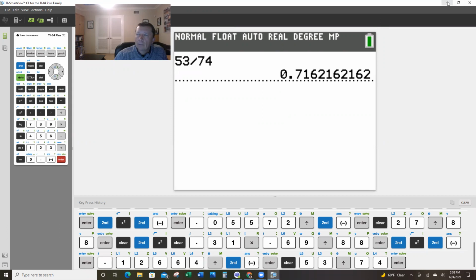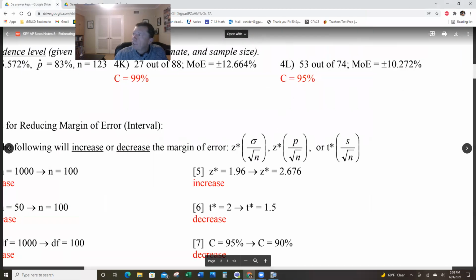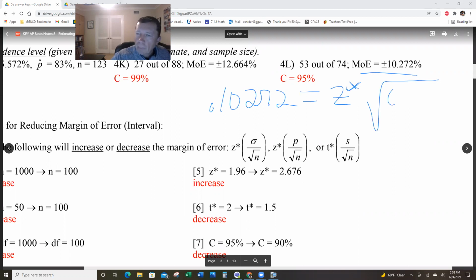So I'm going to go 0.10272 equals, because that's the margin of error, Z star, which I don't know, times 0.72, 0.28 over 74.